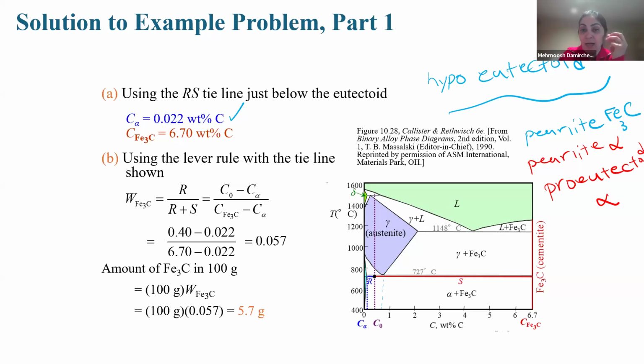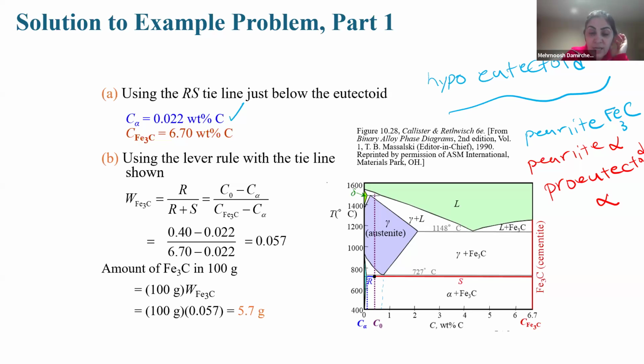So we have perlite cementite, perlite alpha, and proeutectoid alpha, and we want to find all of them. The only cementite we have is perlite cementite.